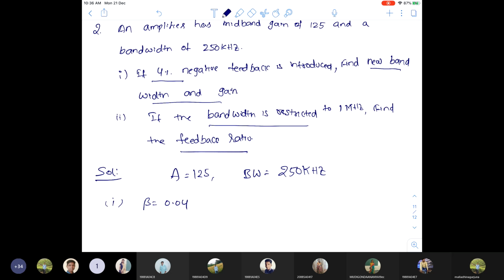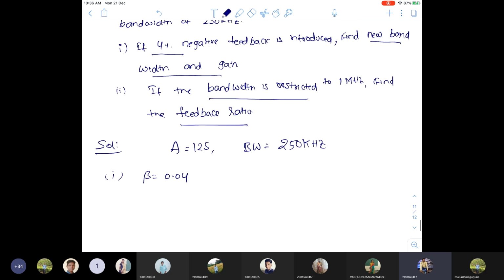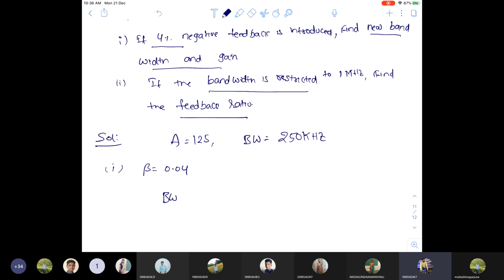Find the new bandwidth and gain. What is the formula for new bandwidth with feedback? BW with feedback equals BW into 1 plus A beta. Now calculate: 250K into 1 plus 125 into 0.04.